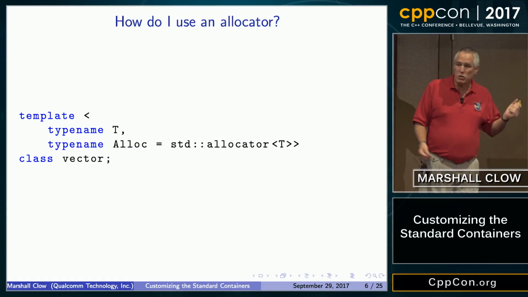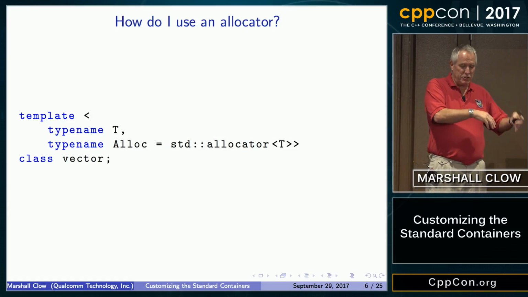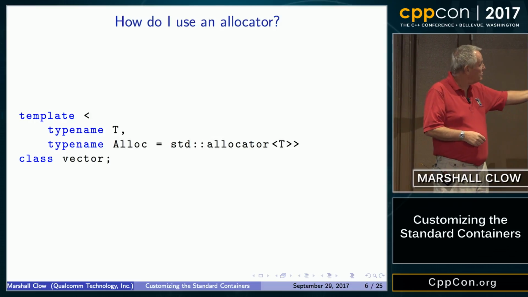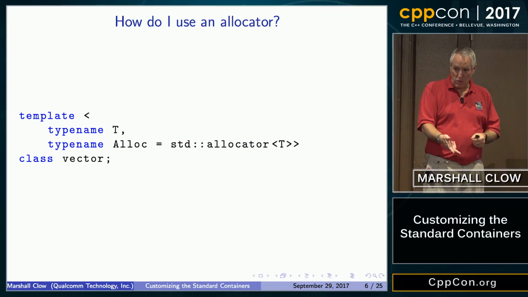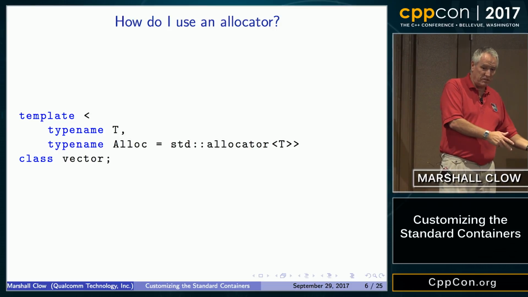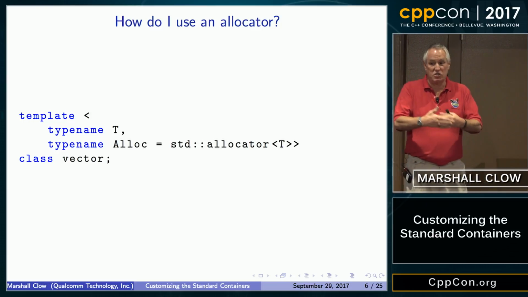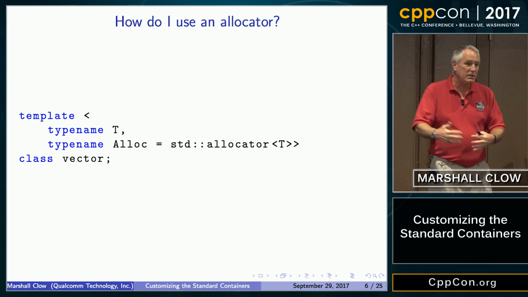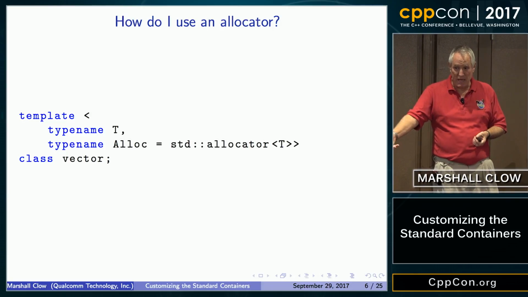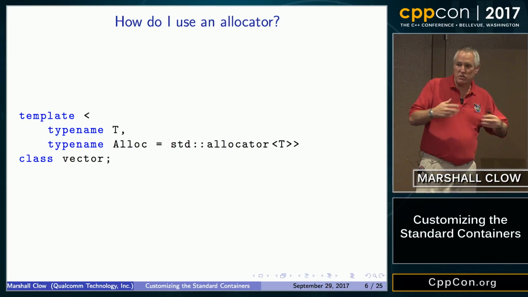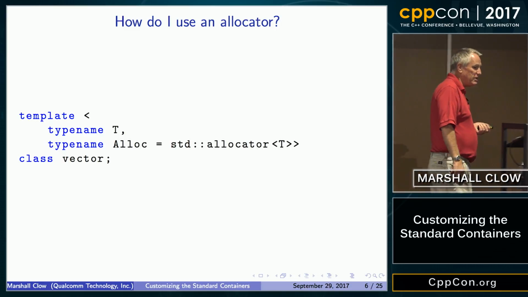So sometimes when you create a vector, if you just say vector int std allocator int v semicolon, the vector gets default constructed. The vector contains an allocator object inside of it, and that allocator gets default constructed. But you can create your own allocator and pass it to the constructor of vector, and it will use that. Or you can provide parameters to the constructor of vector to initialize your allocator.